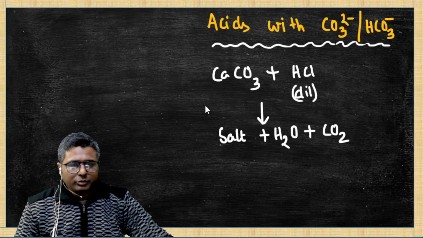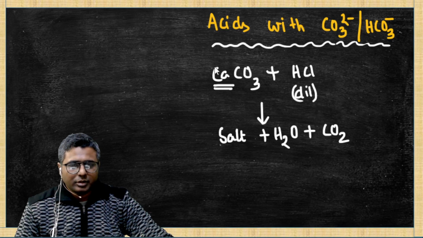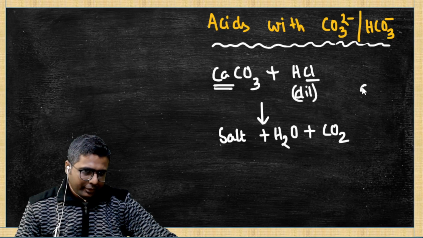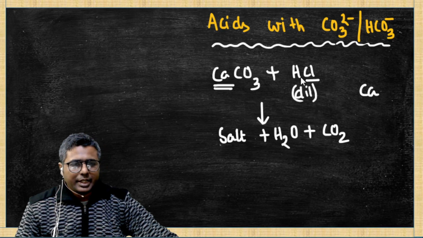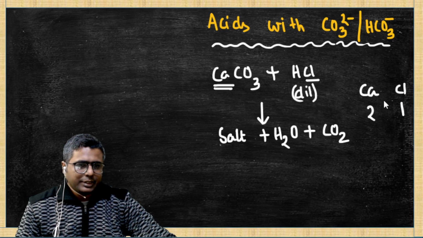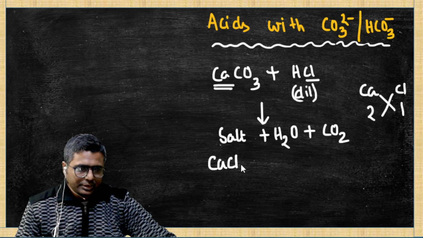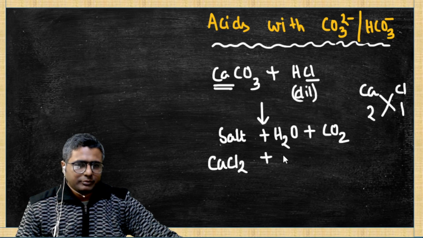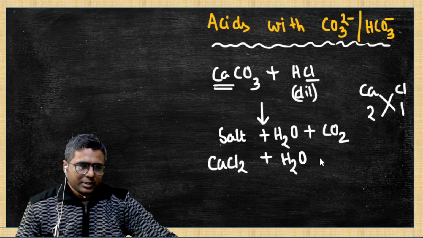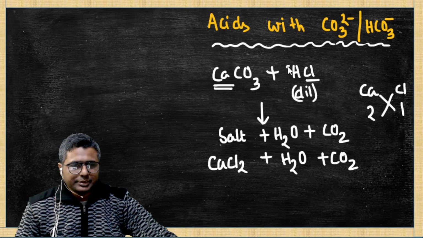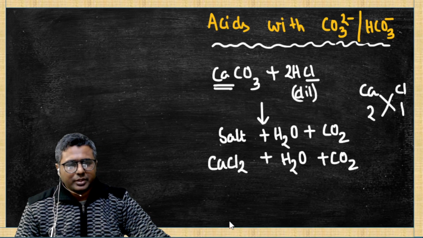The salt is formed by the cation of the carbonate and the anion of the acid. The cation of the carbonate is calcium, the anion is chloride. Here the valency is 2, here the valency is 1. Please cross multiply and find out the formula of the salt, CaCl2, plus water plus CO2. This is not balanced at this moment, so you need to balance it. Now this is balanced.